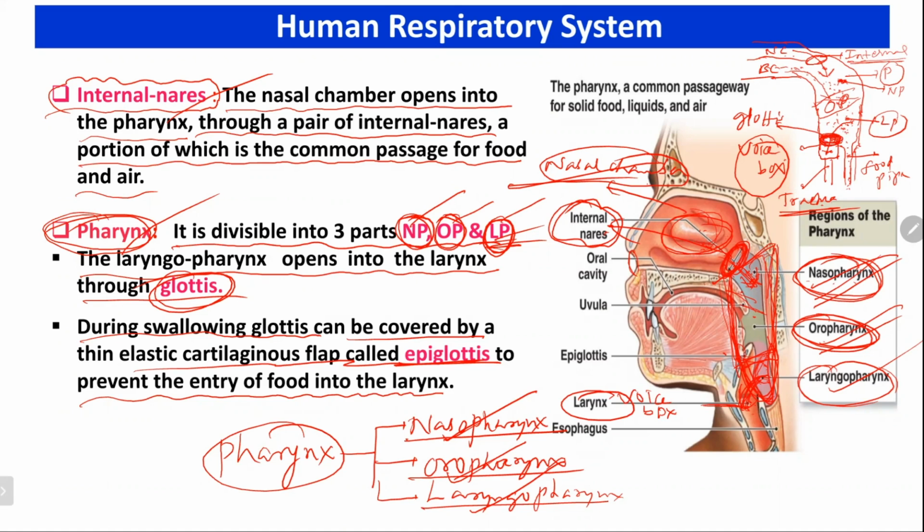This glottis is covered by one lid-like cartilaginous structure. That cartilaginous structure helps in closing the glottis, and thus it prevents entry of water and food into the trachea or respiratory tract. So I hope all of you understood this.